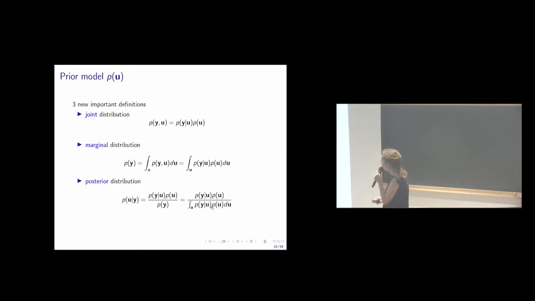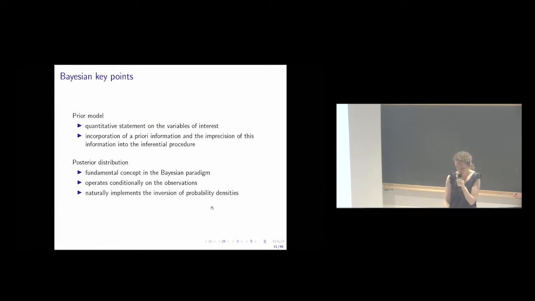This is naturally implemented by the use of the prior model. So it operates conditionally on the observation. You have a probability of the variables of interest given the observation.